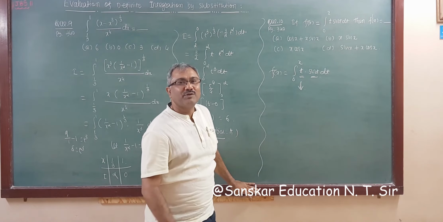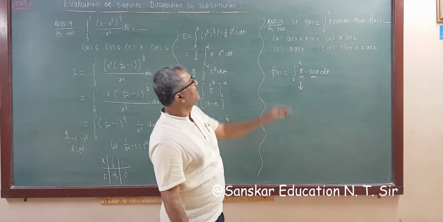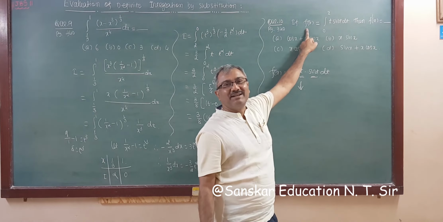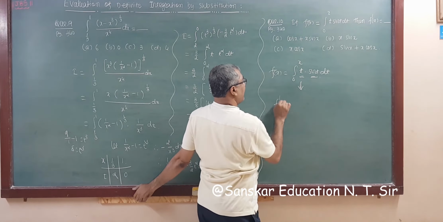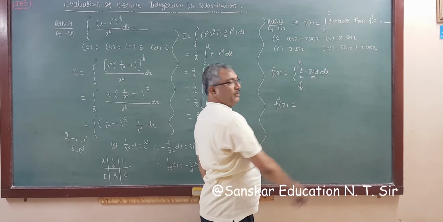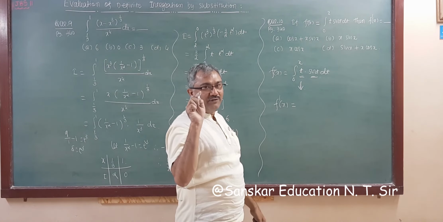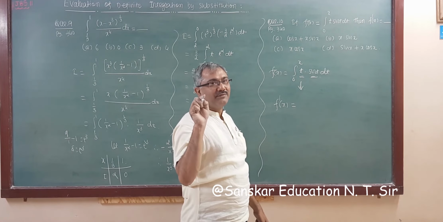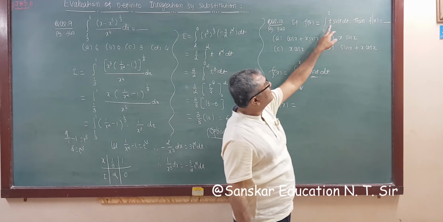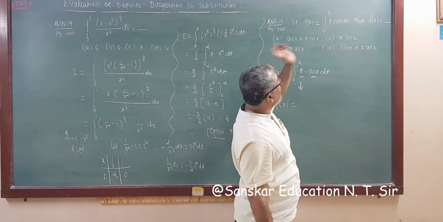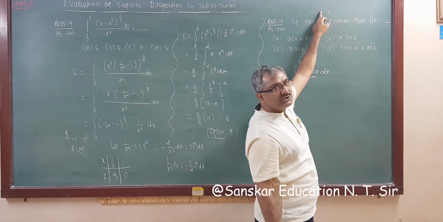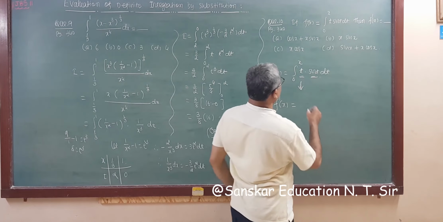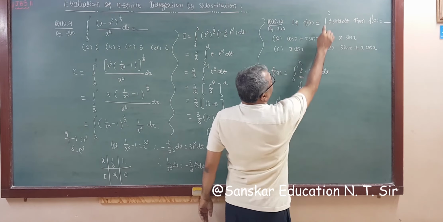I am going to give you another method, that is differentiation of definite integration. So f(x) is given, then your f dash x is equal to... how to take the derivative of a definite integral? For the function f(x) given, you substitute the upper limit in this. So what we get: this f dash x, upper limit is x.